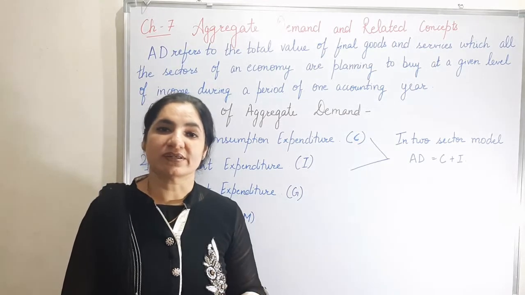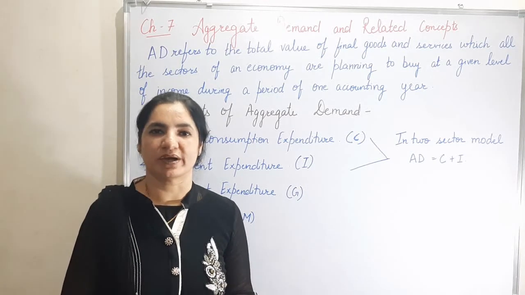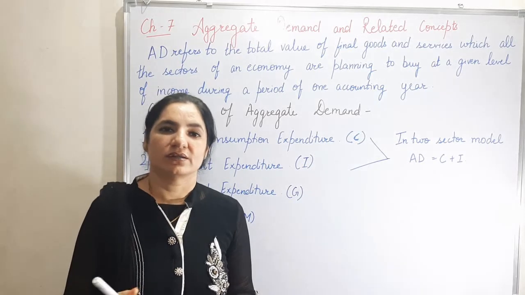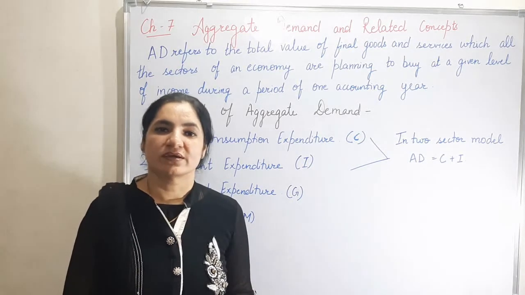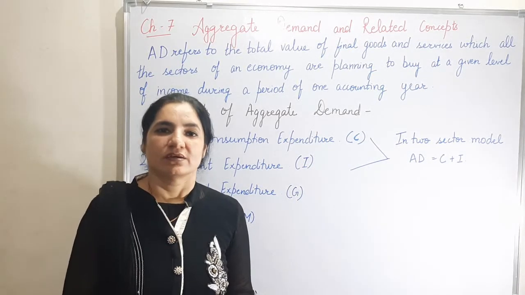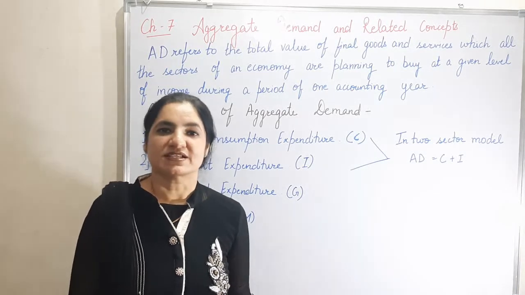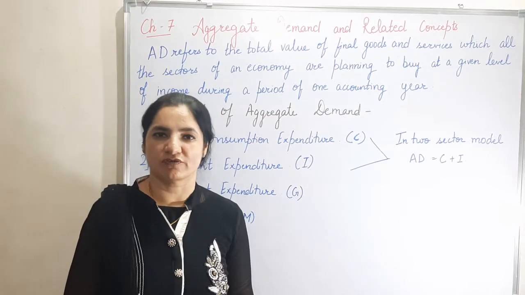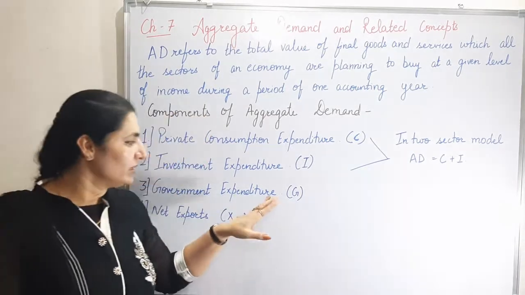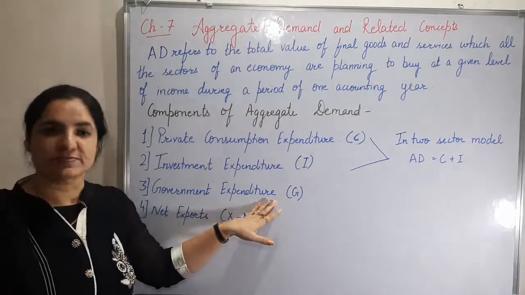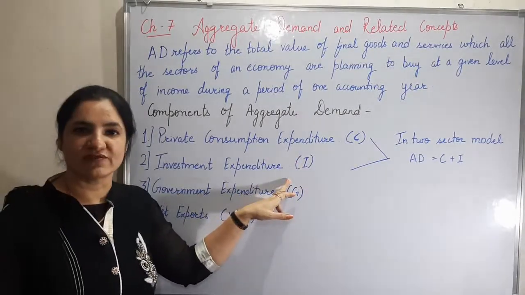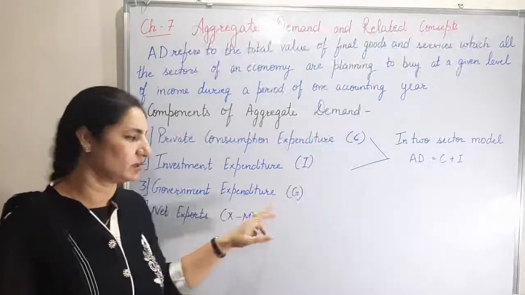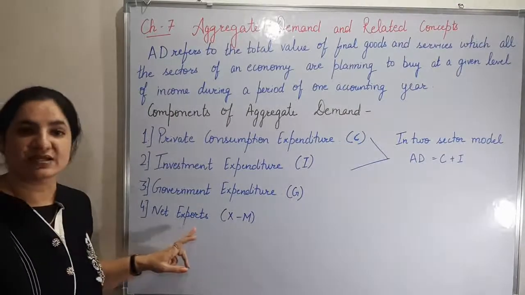The second, that is investment expenditure made by the government, is the construction of roads, bridges, or the assets which are created in the economy for the welfare of the people. So it will include both kinds of expenditure, consumption as well as investment, but made by the government. Third is net exports.